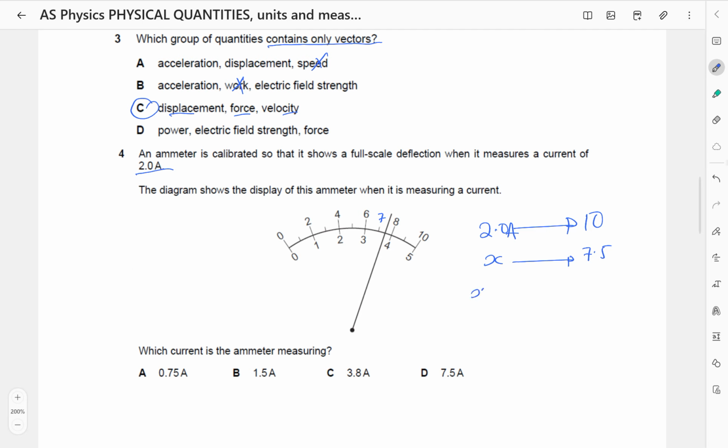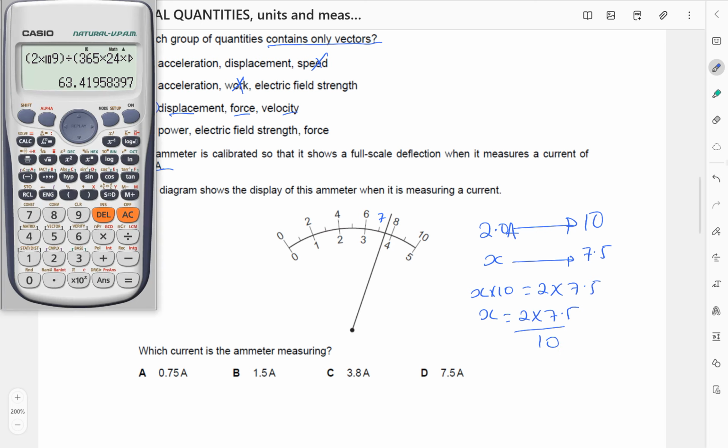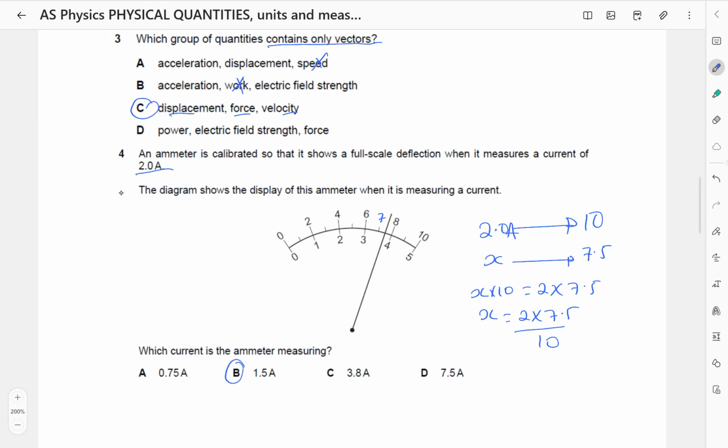So X times 10 is going to be 2 times 7.5. So X is going to be 2 times 7.5 divided by 10, that is 1.5. So it is reading 1.5 amperes.